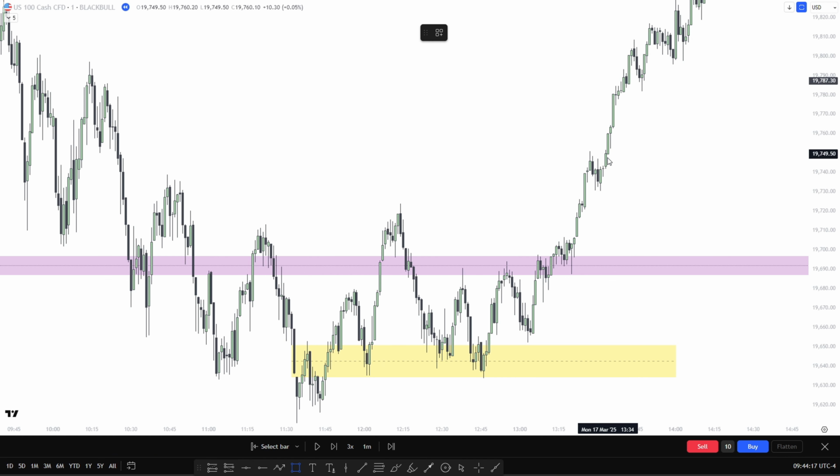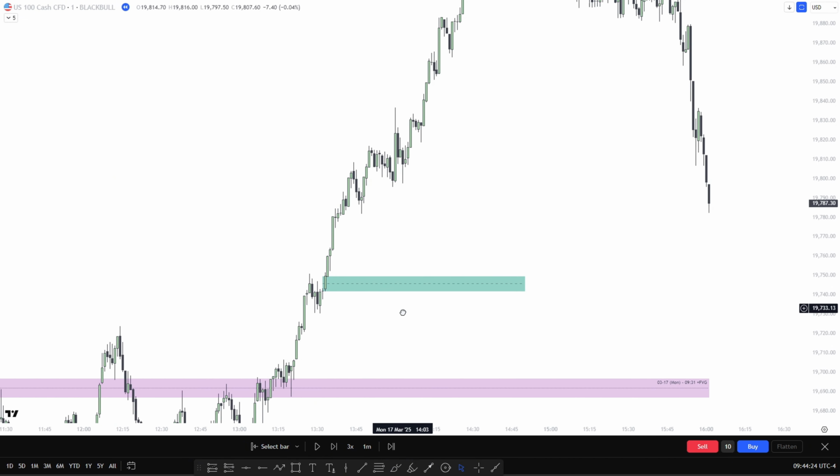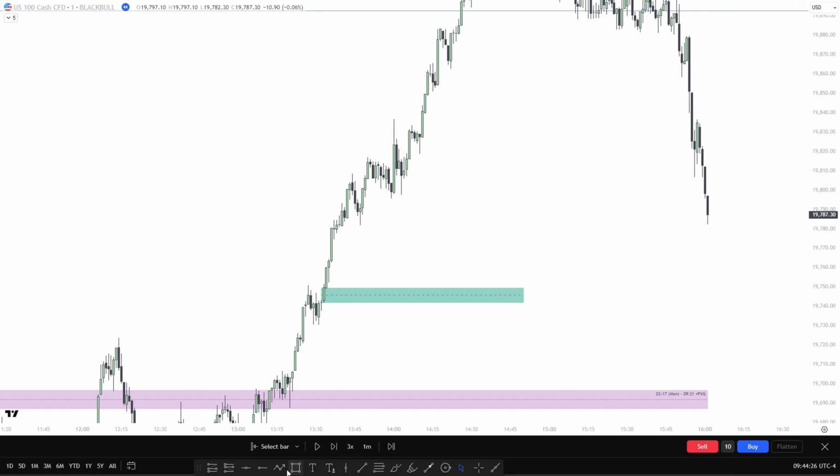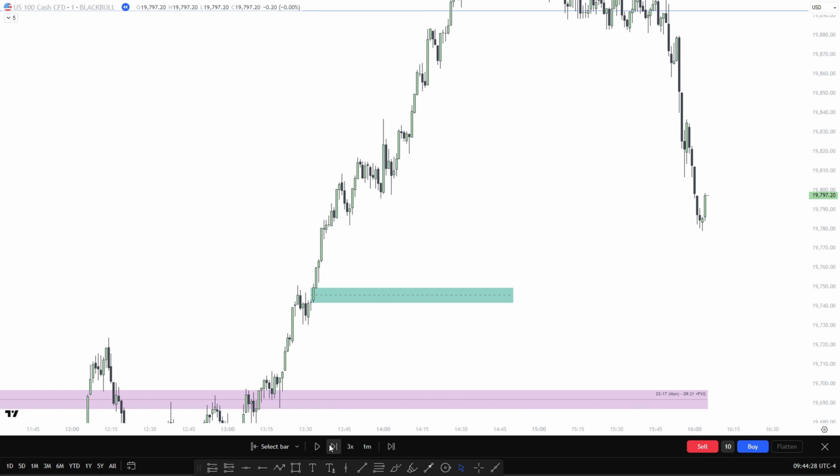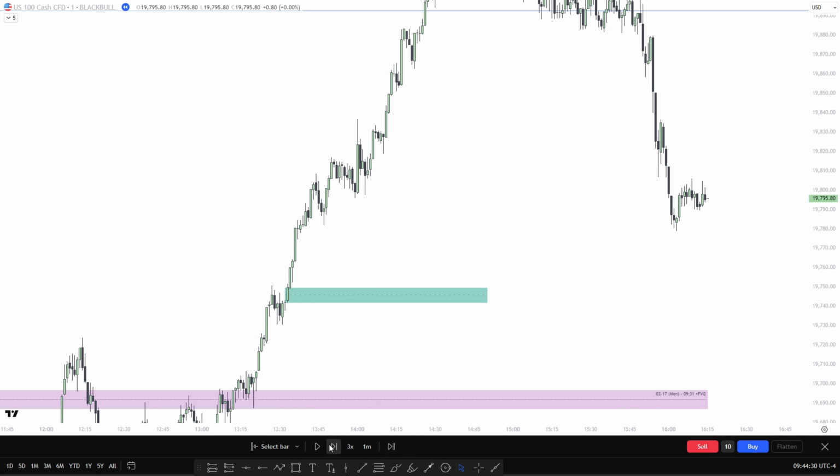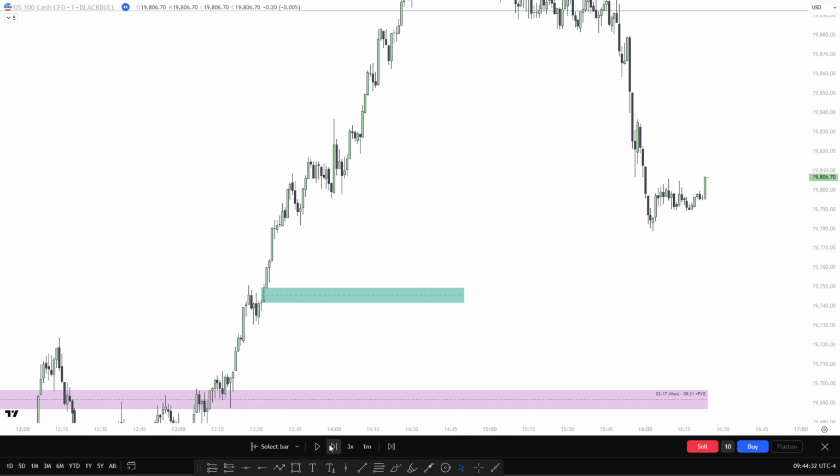Here after 1:30, this will be your significant gap. But this one we never traded to. We never traded to this one, so we were not able to use this one in this specific trading session.